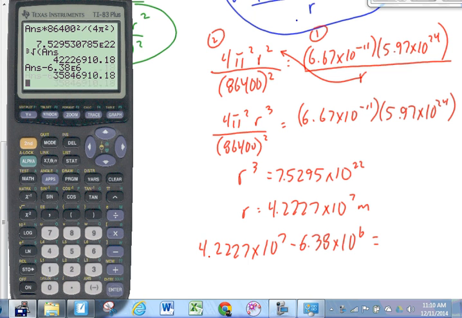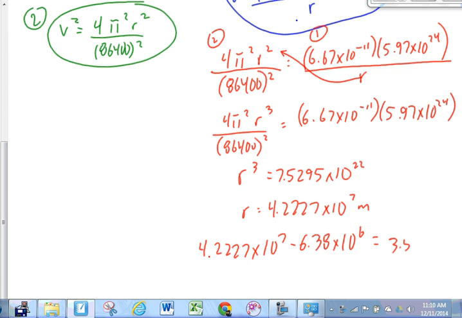And when we do that, we end up getting 3.58 times 10 to the 7 above the Earth's surface. Wow, is that an ugly question or what?